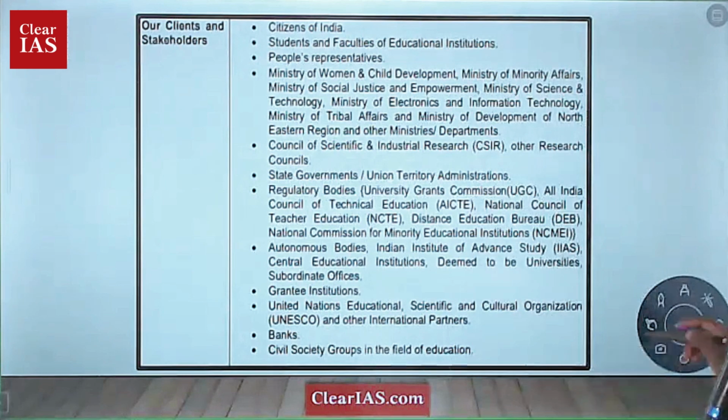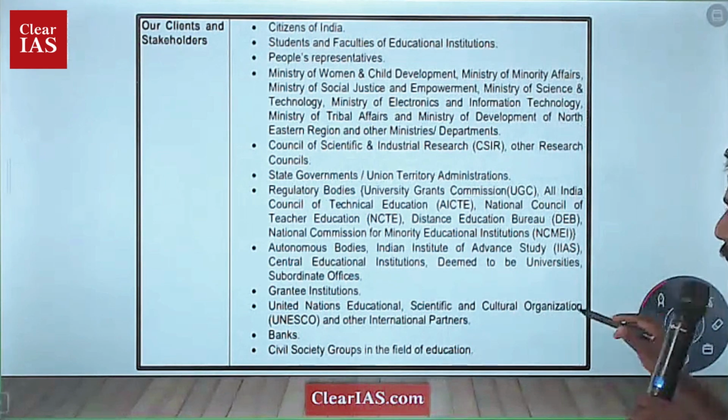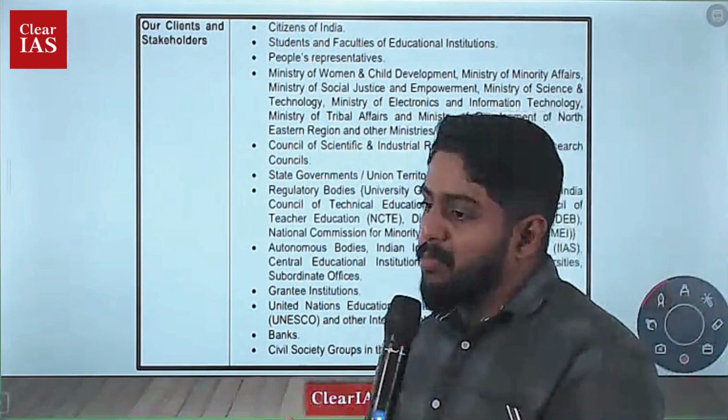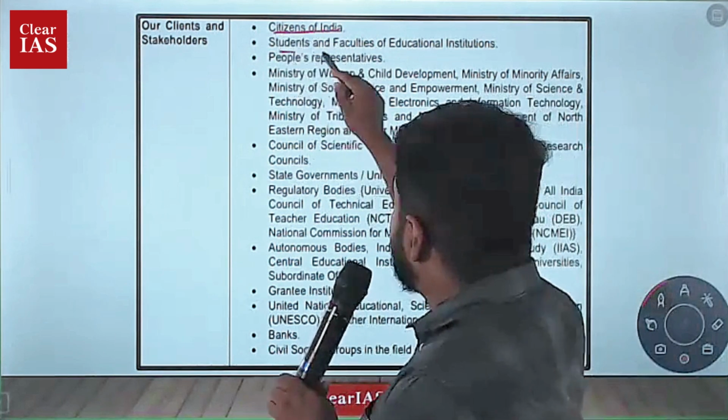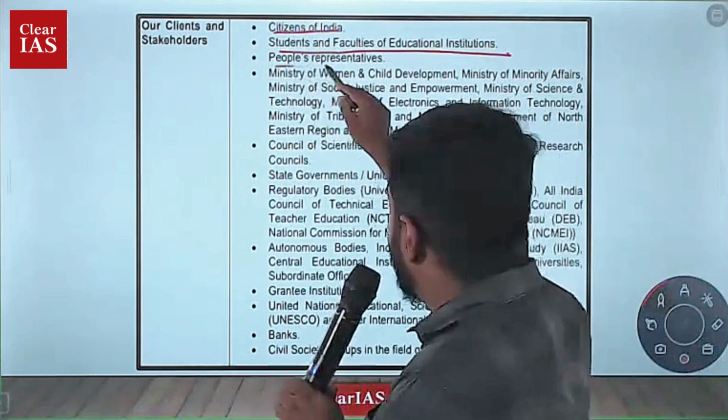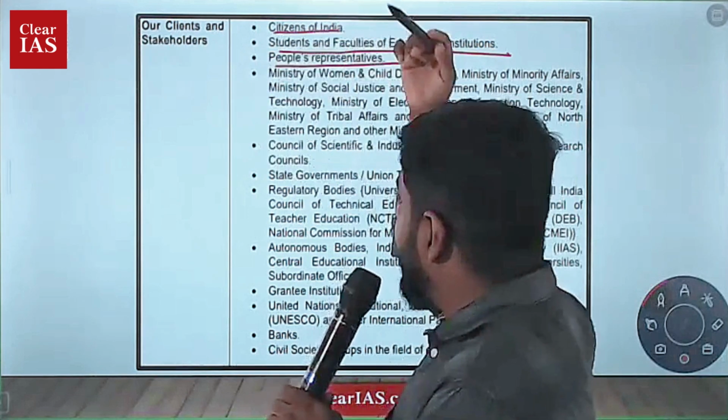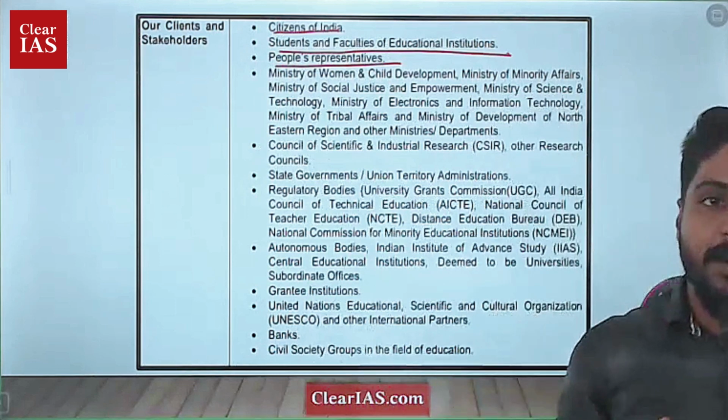Now, our clients and stakeholders. I've told you that there should be a list of clients that a particular department would serve. So citizens of India, students and faculties of educational institutions, people's representatives, anybody can approach the Department of Higher Education.